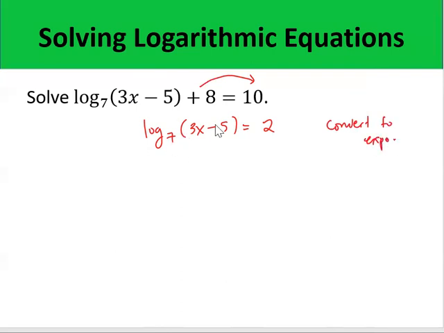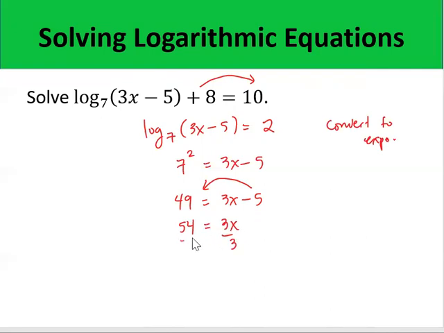Okay, so 7 squared, so the base raised to this number, is equal to the parameter 3x minus 5. So 7 squared is 49, and then 3x minus 5. Negative 5 will be transposed to the left side, so it's going to be 49 plus 5, which is 54, is equal to 3x.